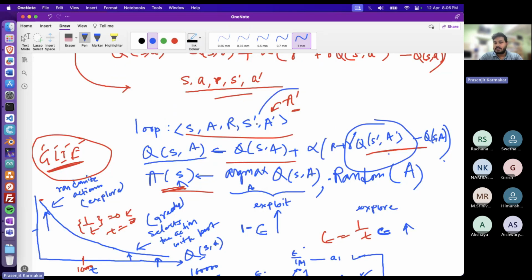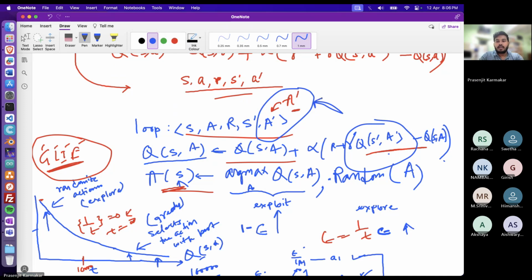This A prime is extra, and it kind of introduces noise to the system, so that my learning algorithm takes longer to learn the optimal Q function, which is required to learn the optimal policy. So it takes a longer amount of time to converge because of this A prime sampling.